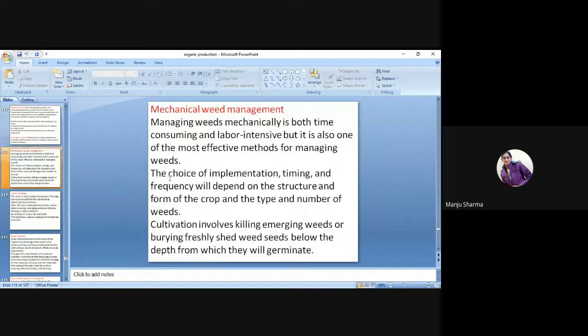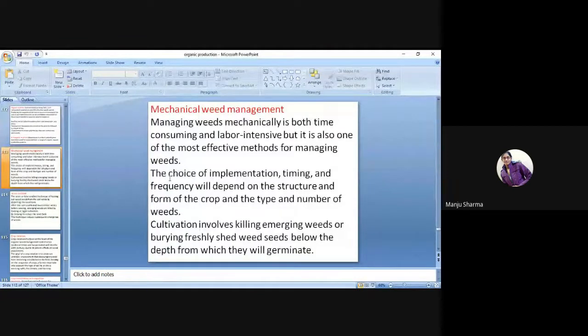After that, mechanical weed management. Mechanical weed management is labor intensive, but it is also one of the most effective methods for managing weeds.